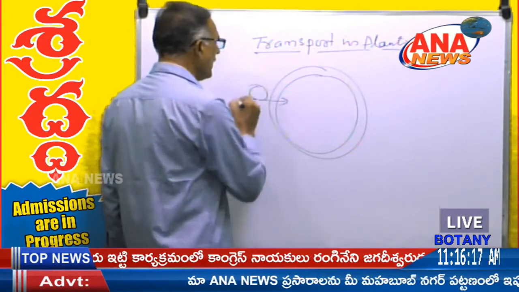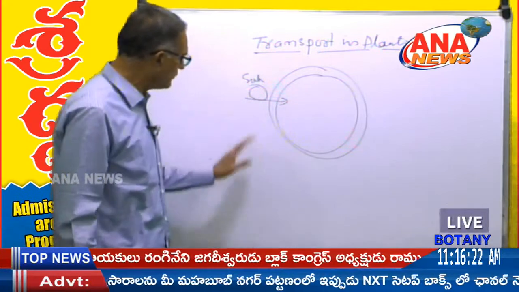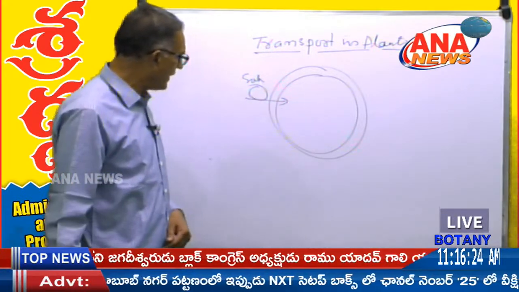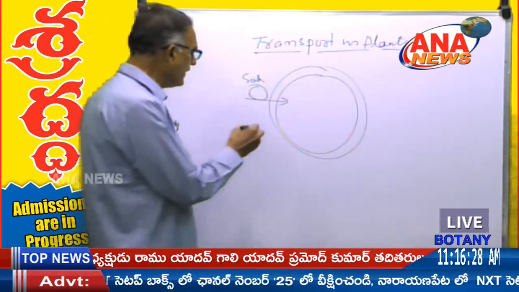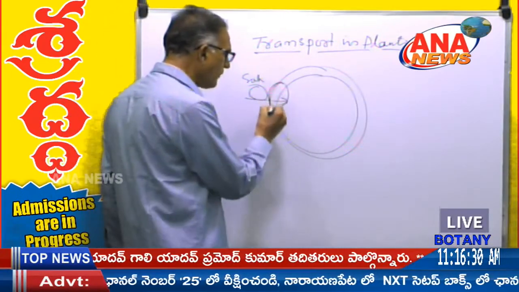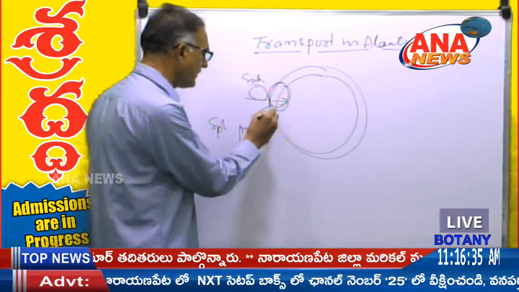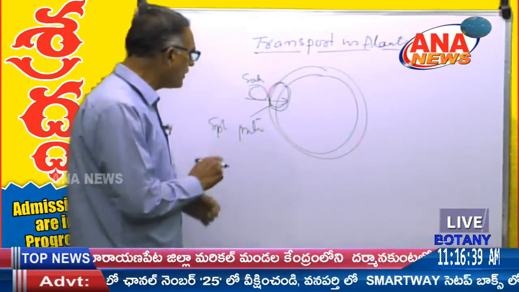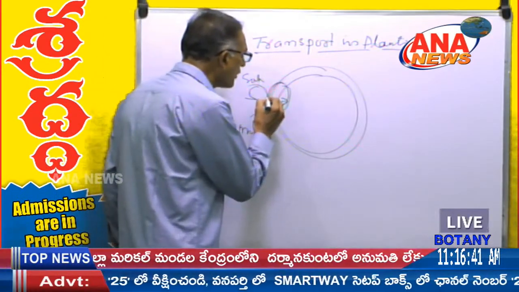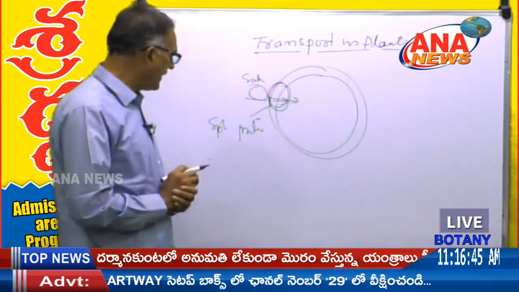Some of the hydrophilic substances, some of the larger substances which do not pass across the membrane, can be facilitated to diffuse by special proteins which are present in the membrane. These can provide larger pores to pass the substance across the membrane.